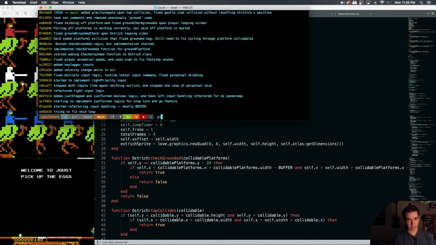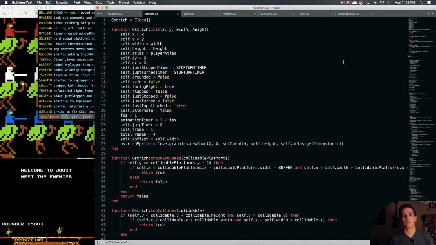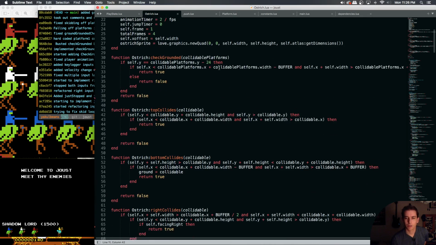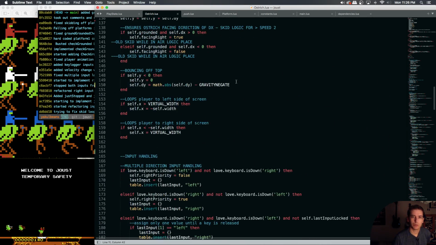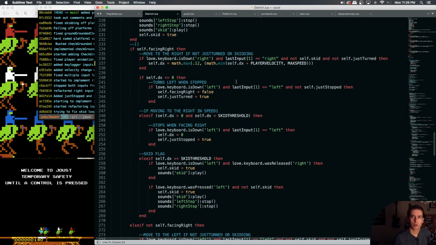I can say git reset --hard with this commit hash. Now, this stop turn timer, I feel like should switch back, and our player velocity should switch.